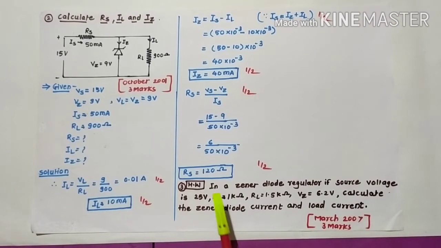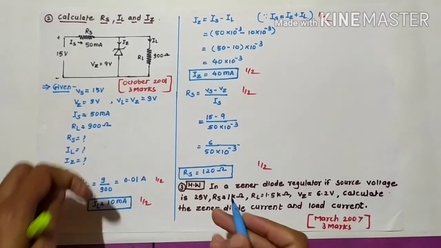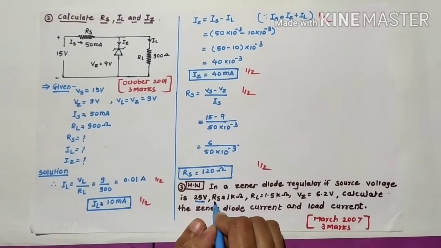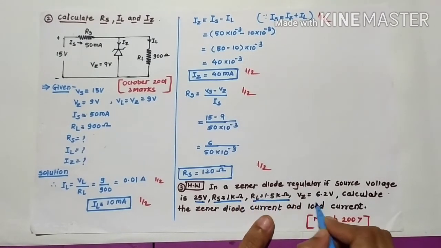Now students, this is homework for you. Problem number 3. In a Zener diode regulator, the source voltage is 25 volt, Rs is equal to 1 kilo ohm, RL is equal to 1.5 kilo ohm, and Vz is equal to 6.2 volt.